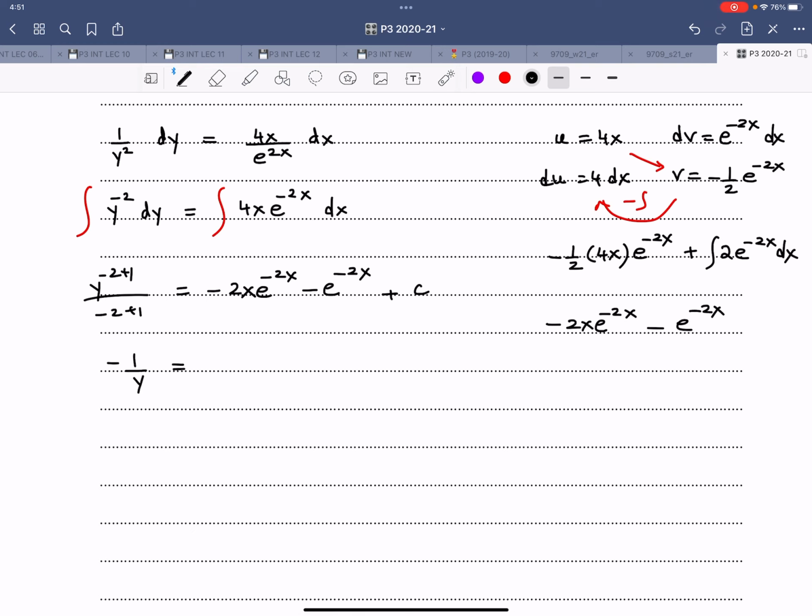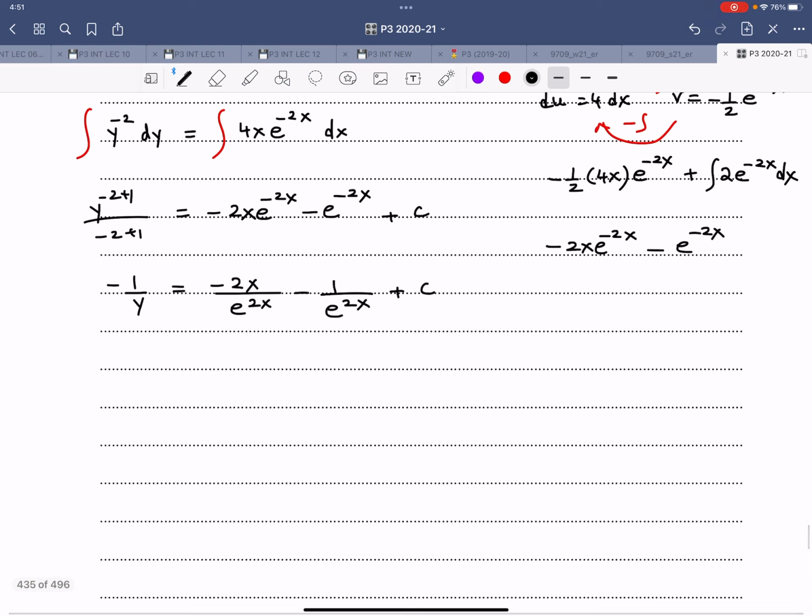This is minus 2x e raised to power of 2x, minus 1 over e raised to power of 2x plus a constant of integration c. Get rid of the minus sign. So this is 1 over y, and this is 2x over e raised to power of 2x plus 1 over e raised to power of 2x, and minus c is written as another constant which is plus d.